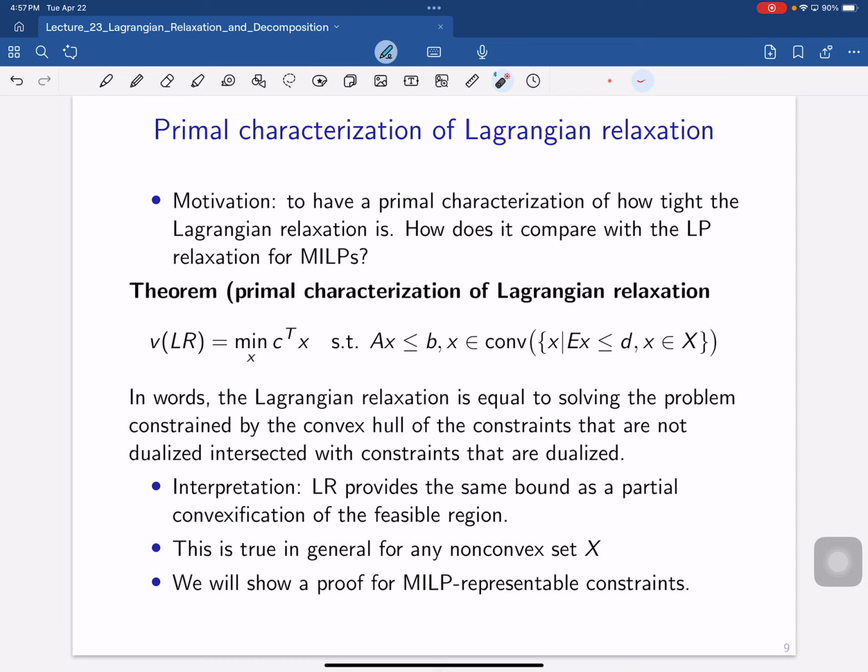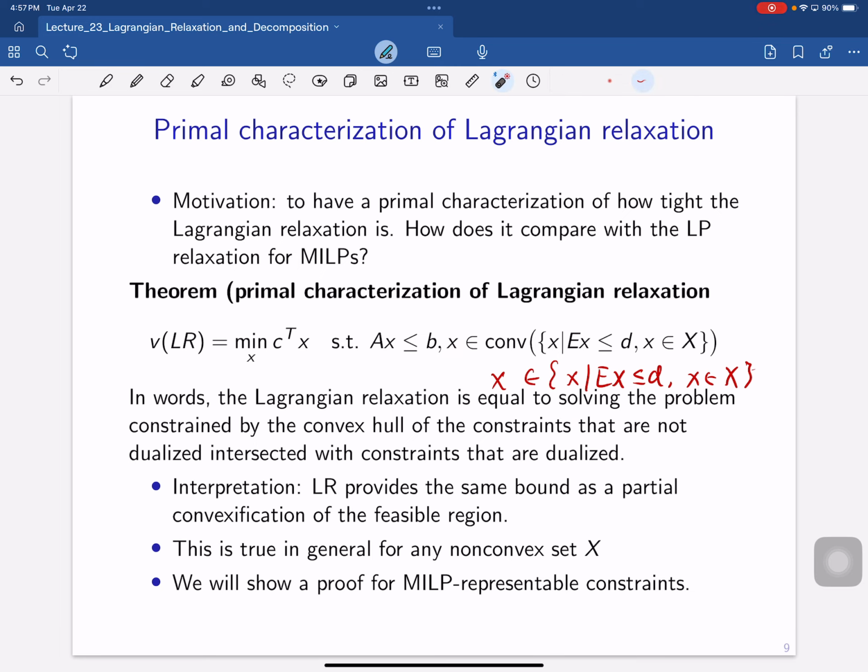Here you have two different sets of constraints. The first set is the constraint you dualize, the complicating constraint Ax less than or equal to b. But the constraint you did not dualize will not appear exactly as is. If you have Ex less than or equal to d, x in X, that set is equivalent to the original problem.